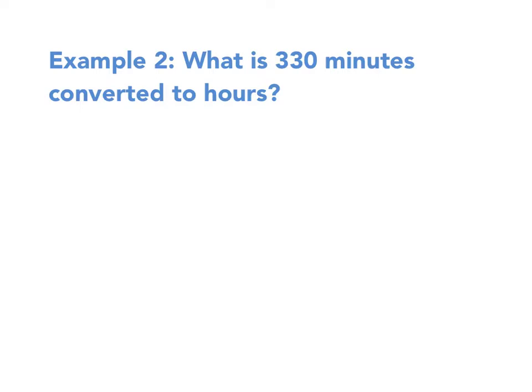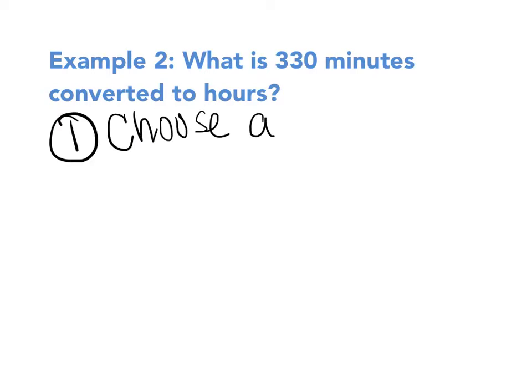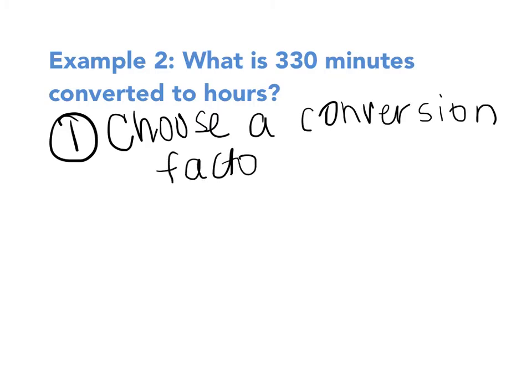So what is 330 minutes converted to hours? And these are some more common examples that you will see. The first thing you have to do is choose a conversion factor. I'm going to write that down. Choose a conversion factor, which means we need to know what unit we want to get to. We have minutes and we want to get it to hours.